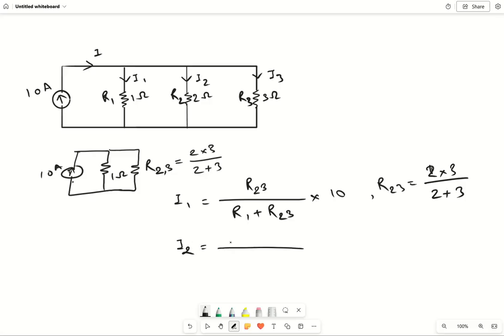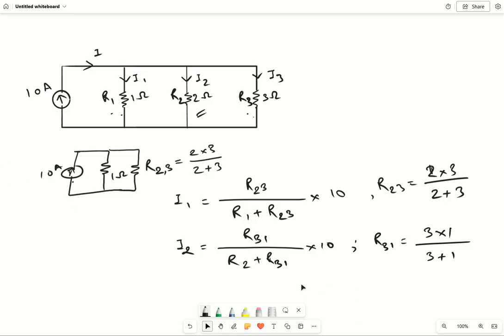Next I2 will be, now here we have to combine these two resistances, R1 and R3. So it will be R31, the parallel combination, R31 divided by R2 plus R31, multiplied by 10, where R31 is R3 into R1, 3 into 1, divided by 3 plus 1.